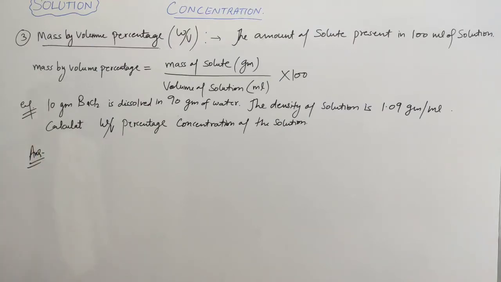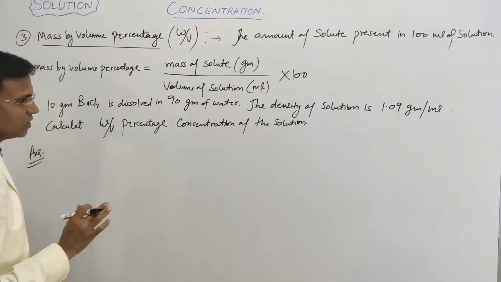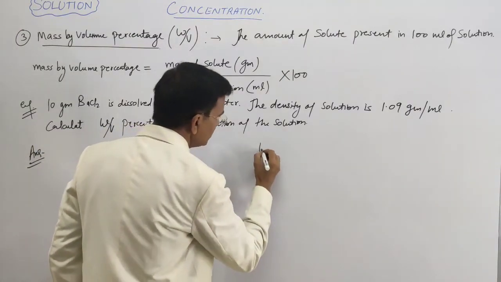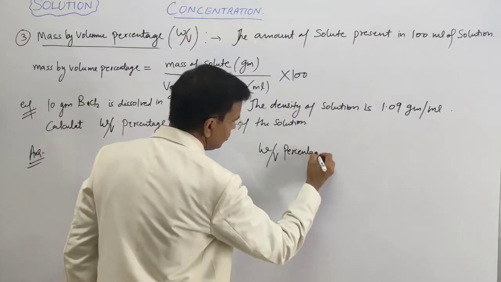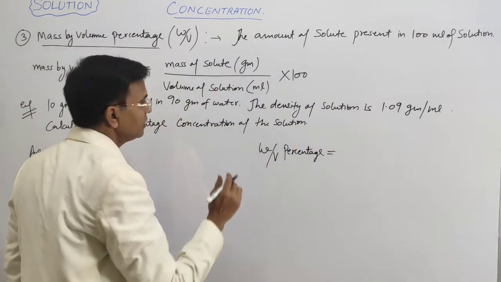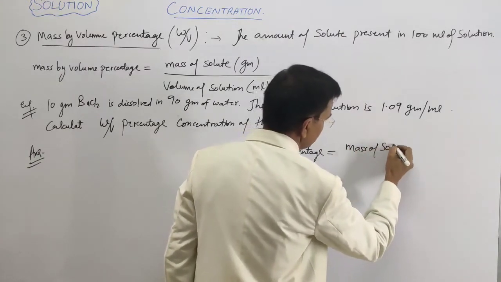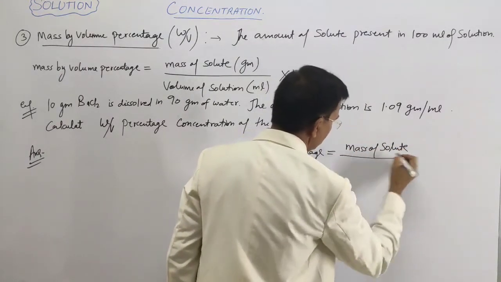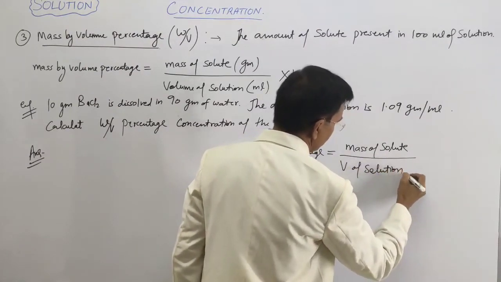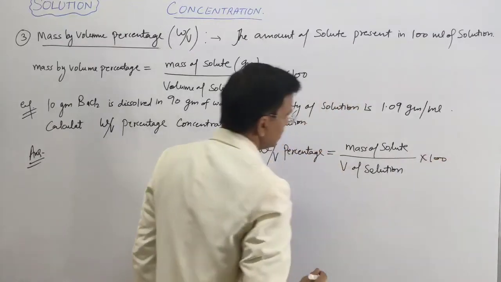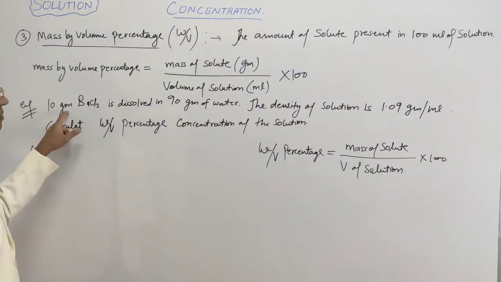The first thing is that you have to calculate weight by volume percentage. So weight by volume percentage is equal to mass of solute upon volume of solution multiplied by 100. So mass of solute here is 10 gram BaCl2.